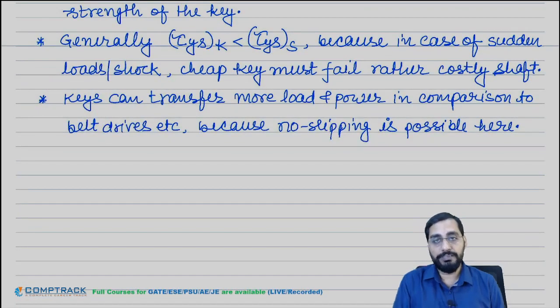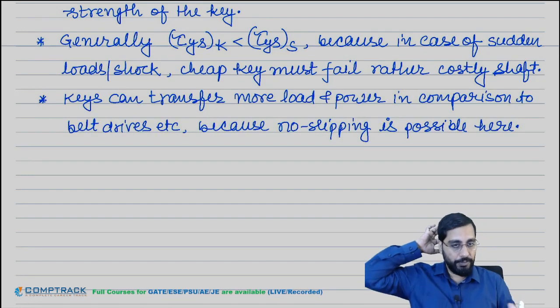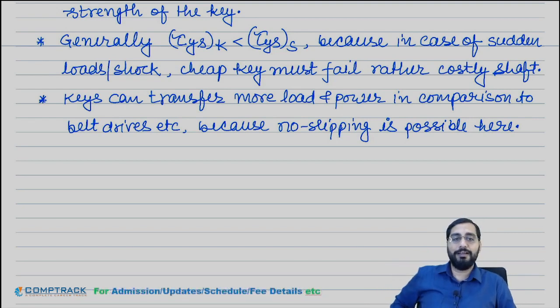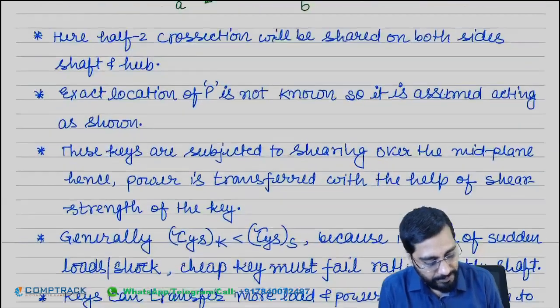In case of keys, there cannot be slipping between shaft and hub. So more load and more power you can transfer in comparison to simple methods, like belt and pulley, which we have considered in engineering mechanics. Yes or no?